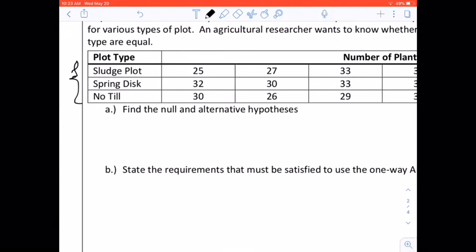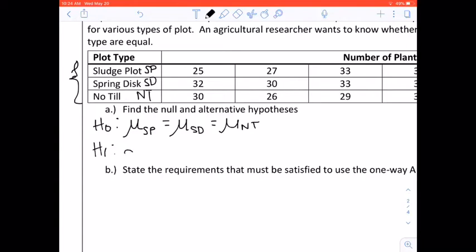So we're going to go ahead and write down H0. H0 is going to be that the mean of the first plot that we have, called the sludge plot, and I'm just going to call that one SP. I'll call the other one SD for spring disc and NT for no-till. So the mean of SP is going to be equal to the mean for the spring disc, or SD, which is going to be equal to the mean of no-till, or NT. And then our alternative, H1, is going to start off with at least one.